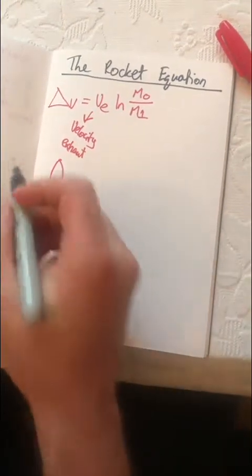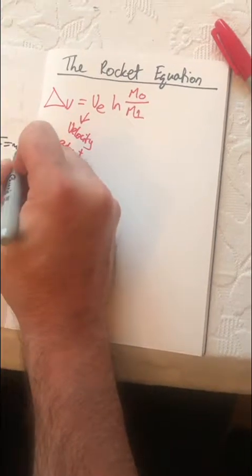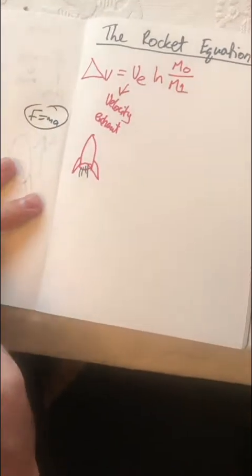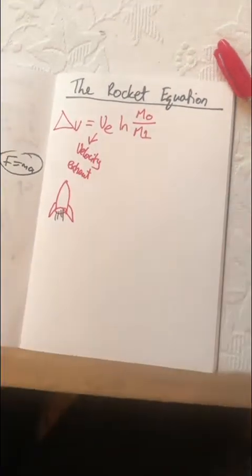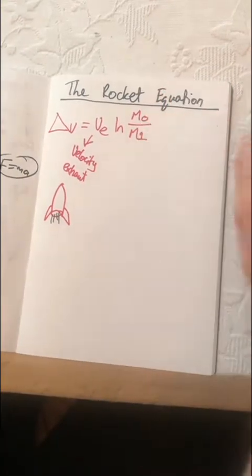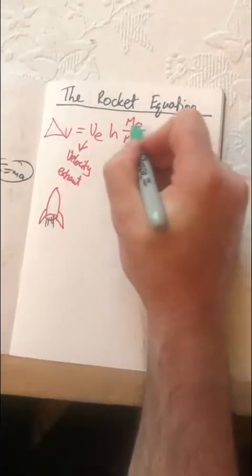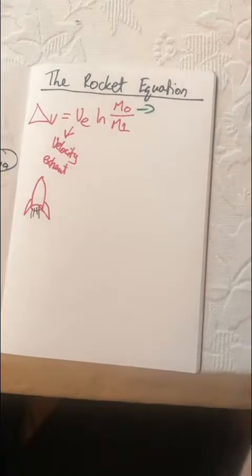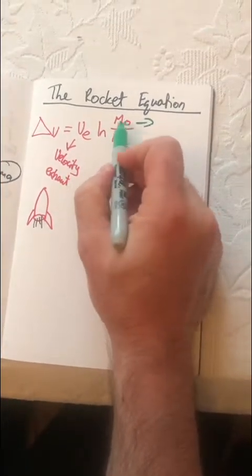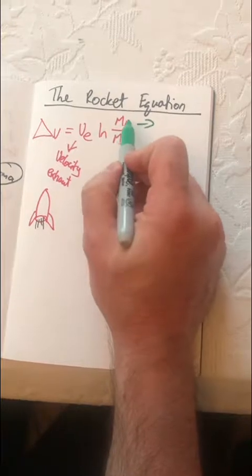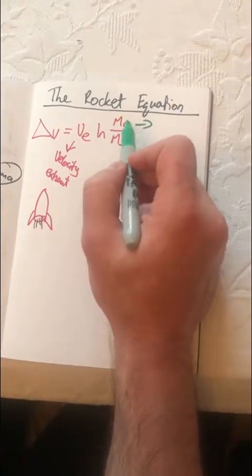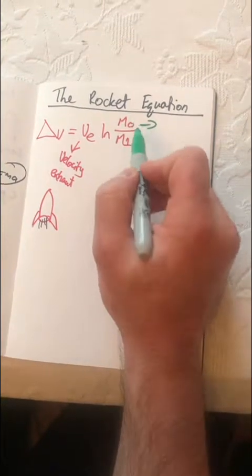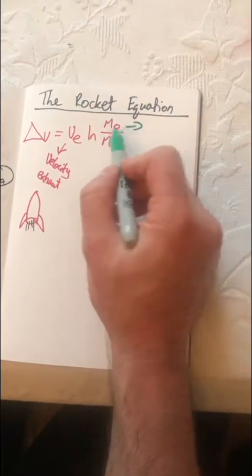And remember, this is all going back to force equals mass times acceleration, so we won't forget about that. But that's the velocity of the exhaust, how quickly it can come out. Natural log, I'll come back to that in a second. Mass 0, this is sometimes called the wet mass, but basically it means how heavy or how big the rocket is, how much mass is in the rocket when it's on the ground, when it's full of fuel.